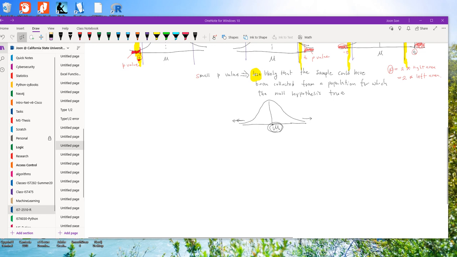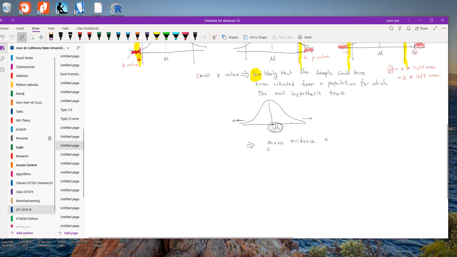So a smaller p-value indicates stronger evidence against the null hypothesis.